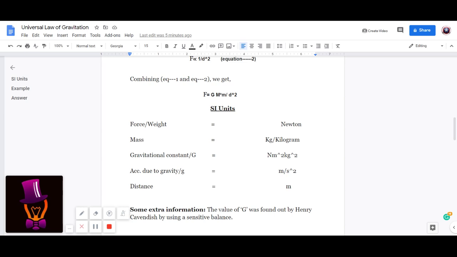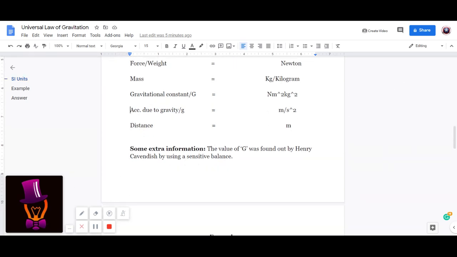The SI unit of gravitational constant, capital G, is nm square kg square. The SI unit of acceleration due to gravity, small g, is meter per second square. The SI unit of distance is meter. We will be learning about acceleration due to gravity in the upcoming videos.